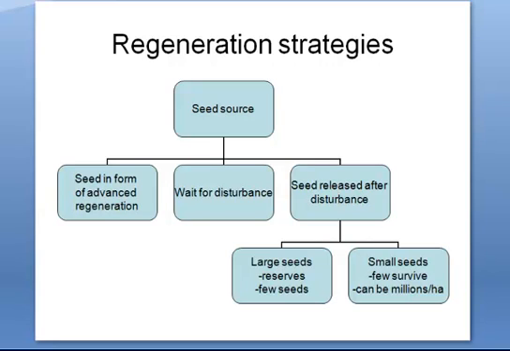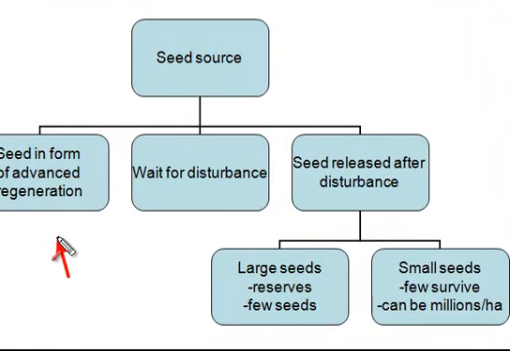So what we have here is a strategy, and you can see here the seed source. And I don't mean just how does the seed get there. Well, seed in the form of advanced regeneration. In other words, while the overstory was growing, the seed grew in the understory, and small trees, advanced regeneration, took place.